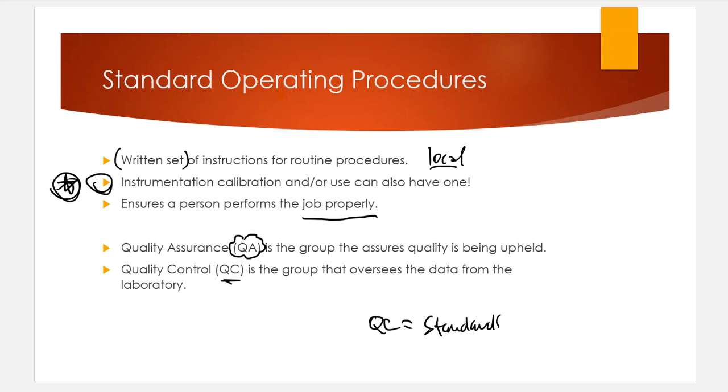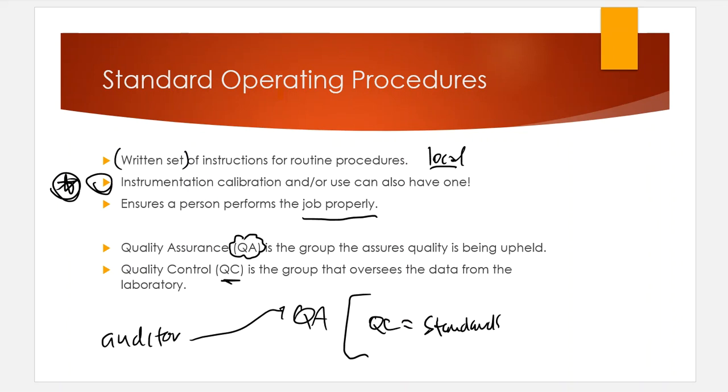But who is overseeing the quality control group to make sure that they're doing the job that they're supposed to be doing? That is the QA department. Typically the QA is the overseer of everyone, and they are reviewing the QC data, reviewing the things that they're doing to make sure it makes sense, to make sure they're documenting and filing things the proper way, because at any point in time, an auditor can come into the company and ask the QA department, let us see your quality control schemes.